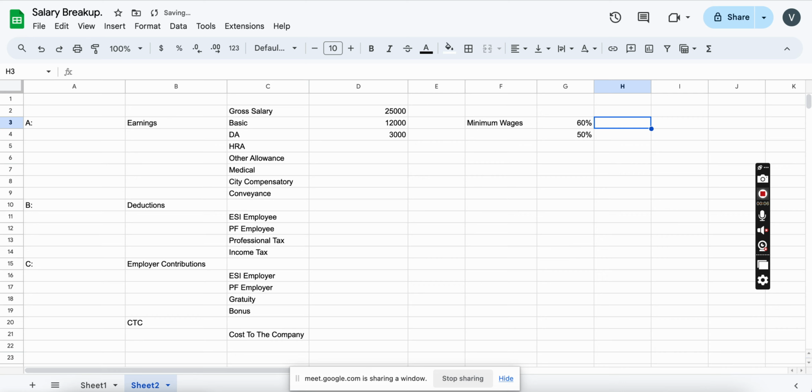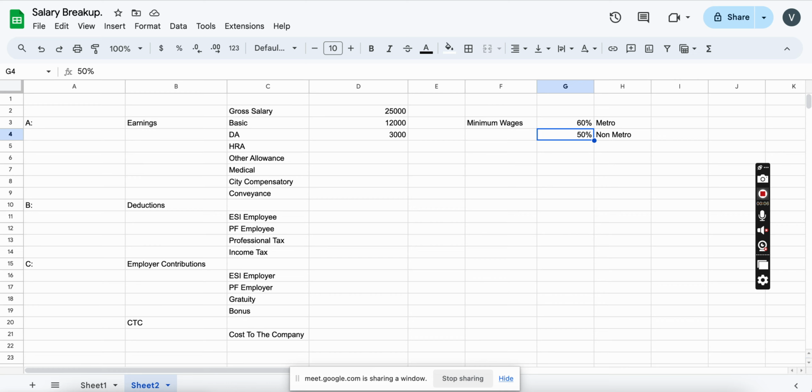In a metro city it is 60%, in a non-metro it is 50%. And I'm mentioning it clearly, it's not the state, it's the city, metro city. In Karnataka, every city is not a metro city.